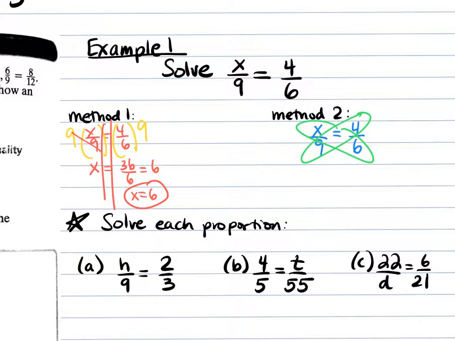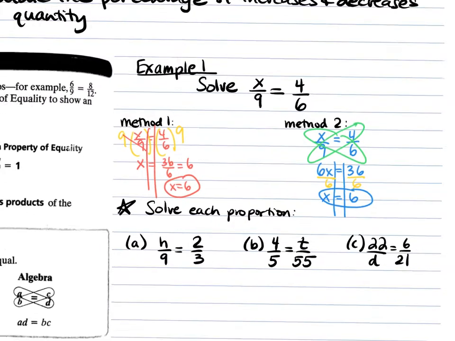So you're going to multiply these two, 6x, and then you're going to multiply these two, 36. So 6x equals 36. Then we have a nice, easy solve. 6 times x, to undo that times 6, we divide by 6. And x equals 6. All right, so those are the two methods. Use whichever one you like. You don't have to do it both ways.